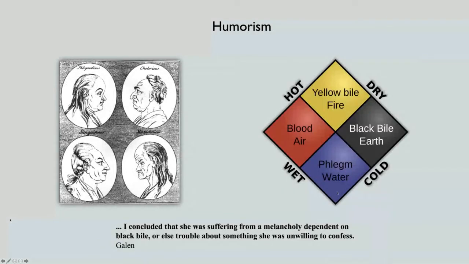Now, humorism is this theory. These are the four humors. Any imbalance between them would produce different conditions. And you're going to see later in the resources, I have placed something that is going to show you the application that this has nowadays in medicine.